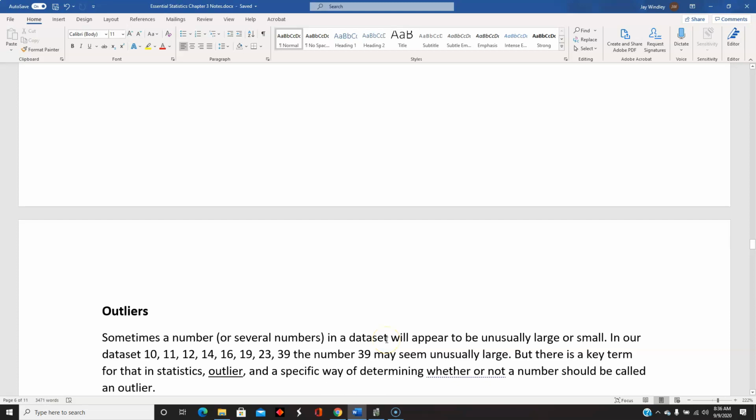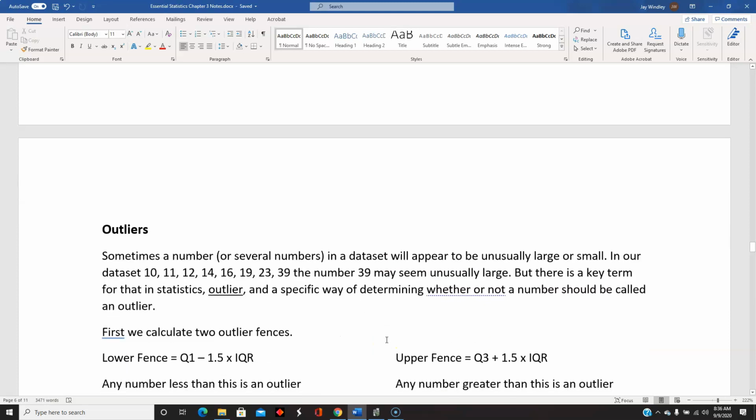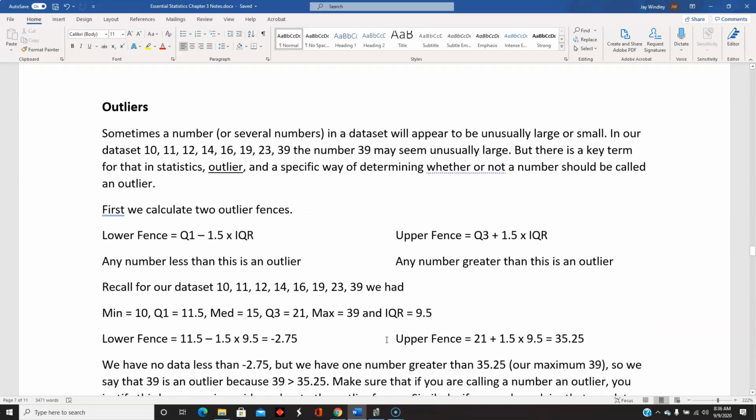And now that we have the quartiles and the IQR, we can talk about outliers. So it's not cool to just say, hey, that number 39 is weird because it's way far away from the other numbers.